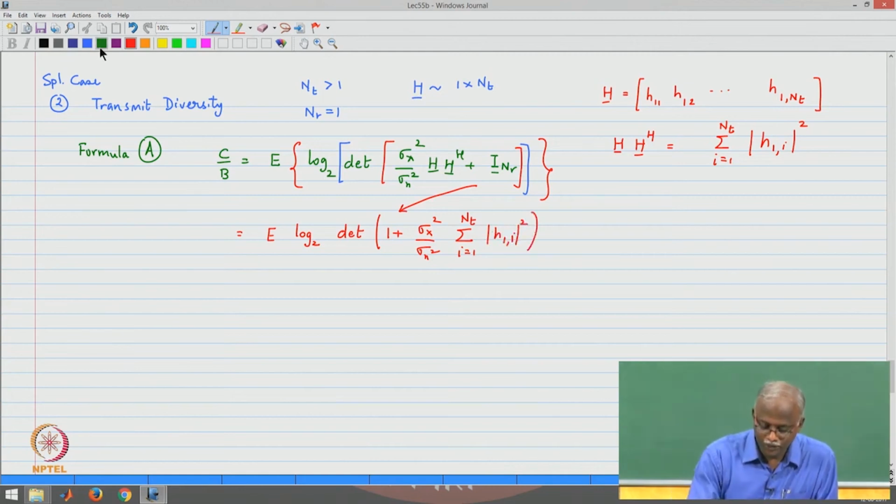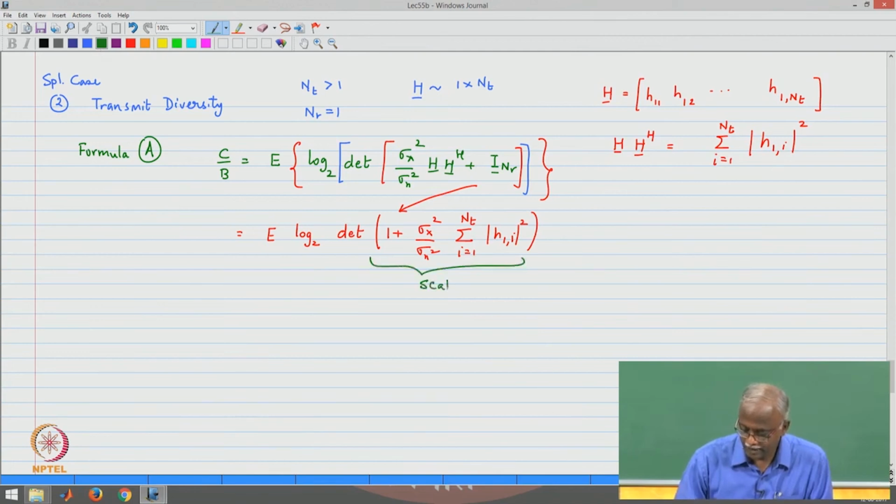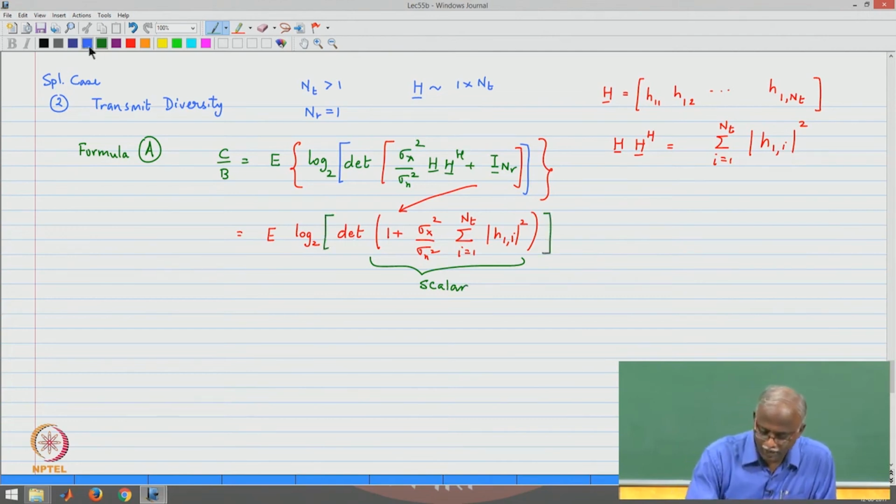Now, notice that this is also a scalar. So, then we can simplify this expression. This is determinant, this is the logarithm, and then outer is the expected value. And because it is a scalar, the determinant does not play a role.